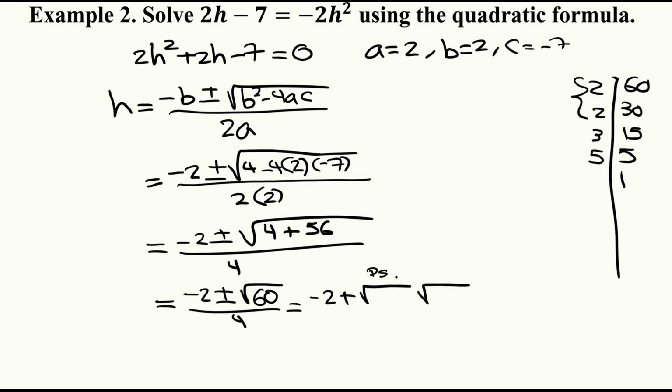We put the perfect square part in one radical, and whatever is left, which will be non-perfect square product, will go into the next one. So here we can see we can put 4 in the perfect square radical, and what's left is 15, which will go in the non-perfect square radical. And all of that again will be over 4. So now we're going to get negative 2 plus or minus 2 radical 15 over 4.